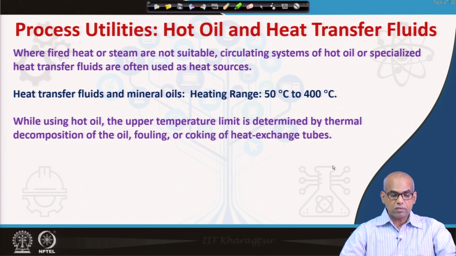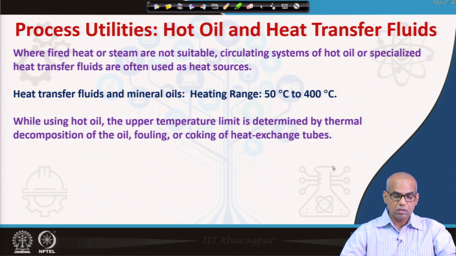Heat transfer fluids and mineral oils are typically used for heating in the range of 50 degrees Celsius to 400 degrees Celsius. While using hot oil, the upper temperature limit is determined by thermal decomposition of the oil, fouling or coking of heat exchanger tubes.